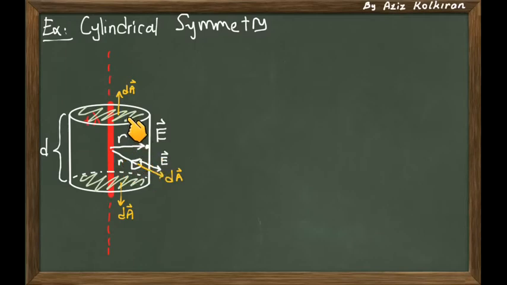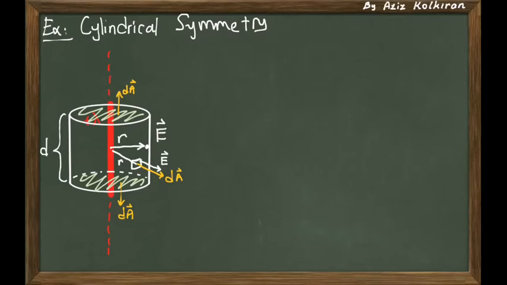As you recognize easily, the area vector on the top surface is in the upward direction, and similarly the area vector at every point on the bottom surface will be in the downward direction, and the electric field at every point on the top and bottom surfaces will be perpendicular to the area vectors.